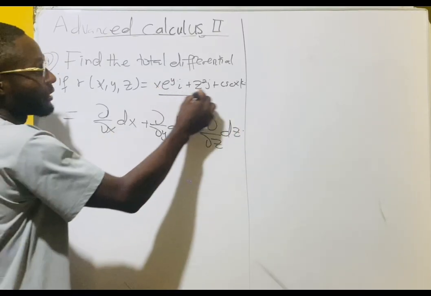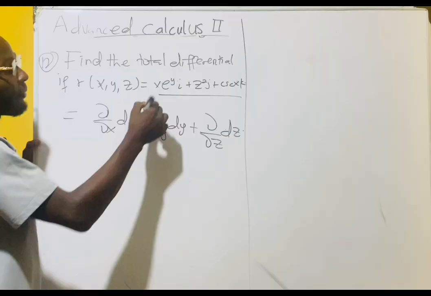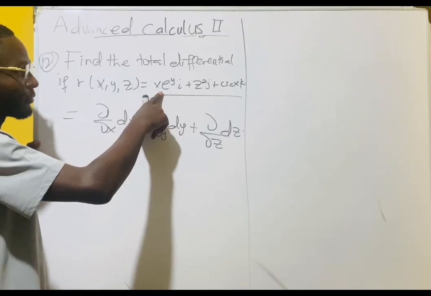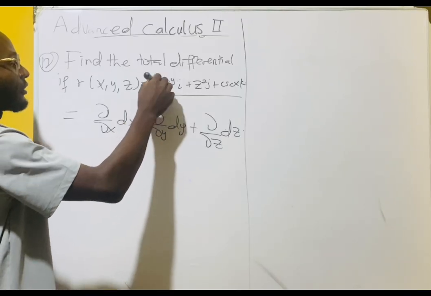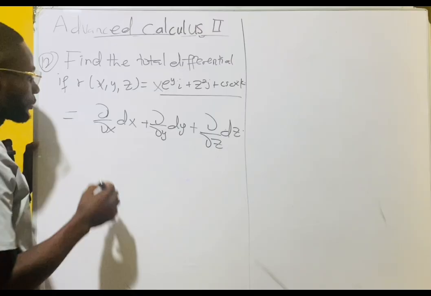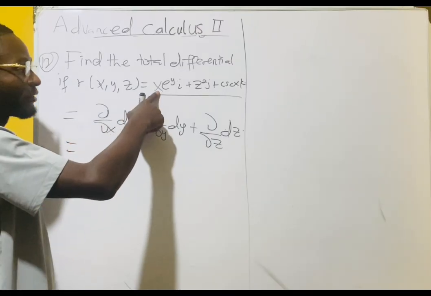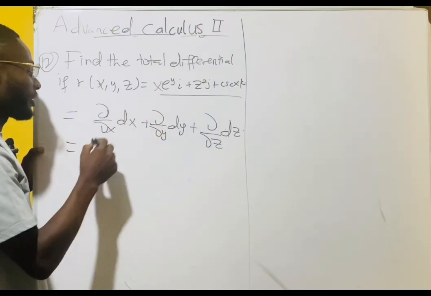So we're going to apply the same information here. But don't forget, this is two functions multiplied, so if you want to differentiate, you have to apply the product rule. So we differentiate first with respect to x.